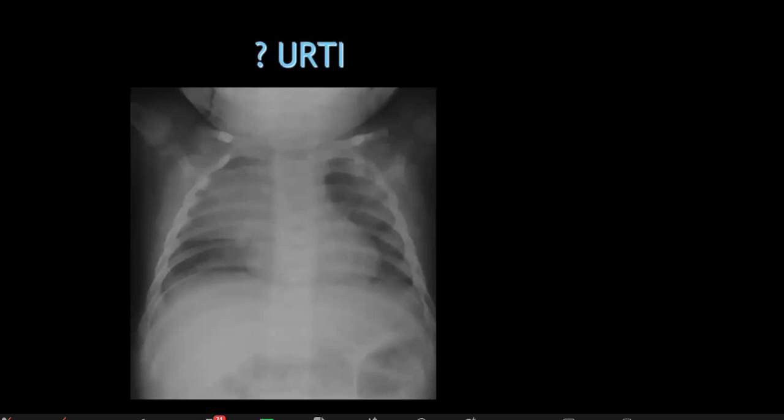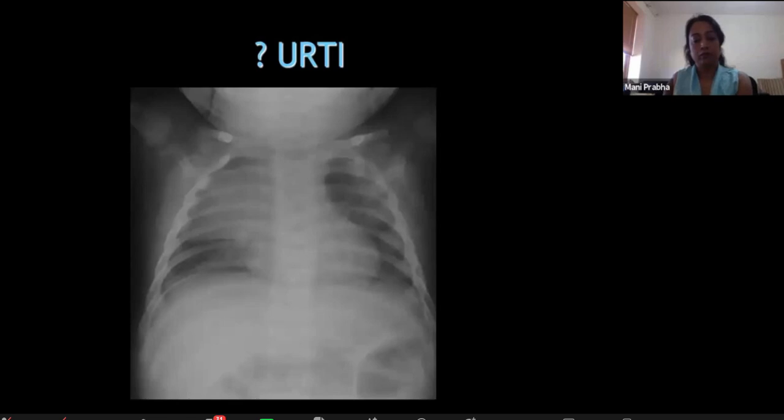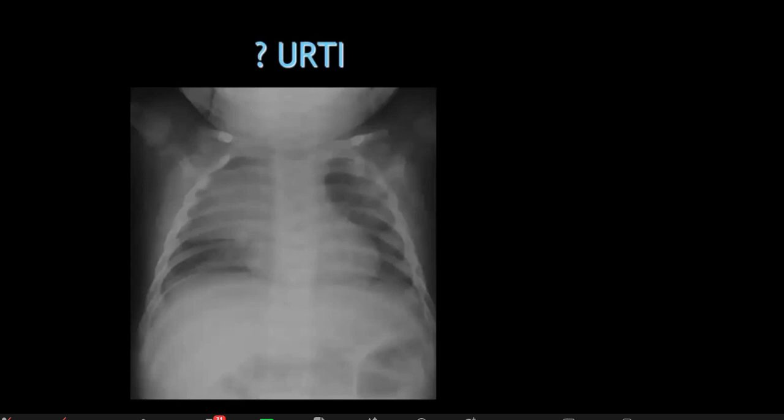It's a frontal chest radiograph of a unit, probably, I think, premature, which is demonstrating opacification of the right upper and middle zone. The left-sided lung is normal, so is the right lower zone and apex. I cannot see any other abnormality.